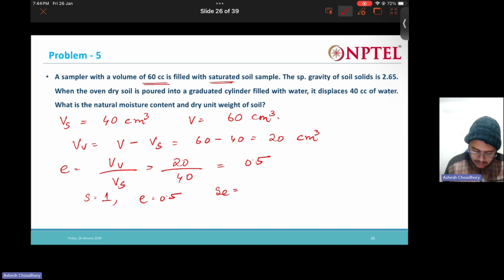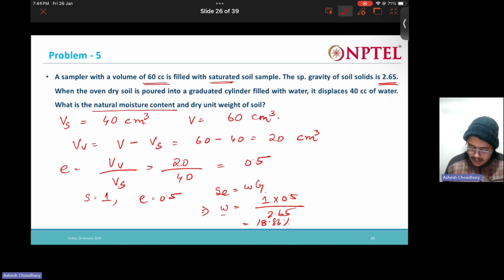Se is equal to wG. G is given as 2.65. So w is 1 into 0.5 by 2.65. This is going to come out as 18.86%. So this is nothing but the natural moisture content.